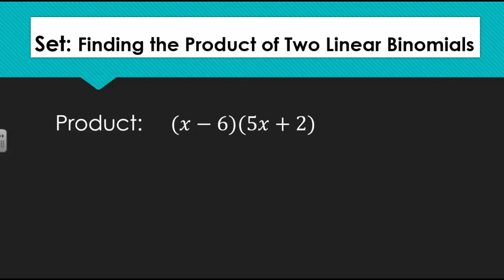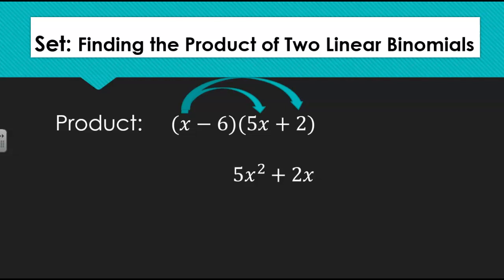In the Set section, we are finding the product of two linear binomials. We're going to use the same strategy, which is the distributive property. We will take the first term in the first set of parentheses and distribute it to each of the terms in the second set of parentheses.